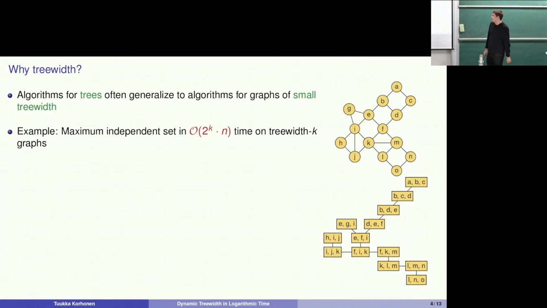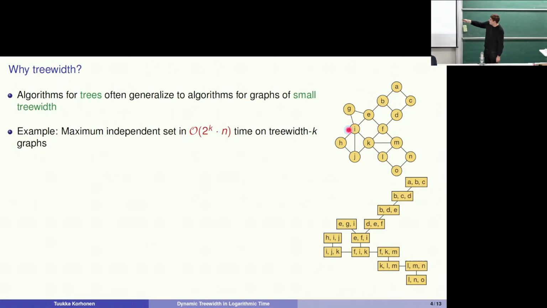Say, for example, if we want to solve the maximum independent set problem, which is an NP-hard problem, we can do that in time 2^O(k) times n on treewidth k graphs. So n is the number of vertices. You can do this by doing dynamic programming on the tree decomposition.